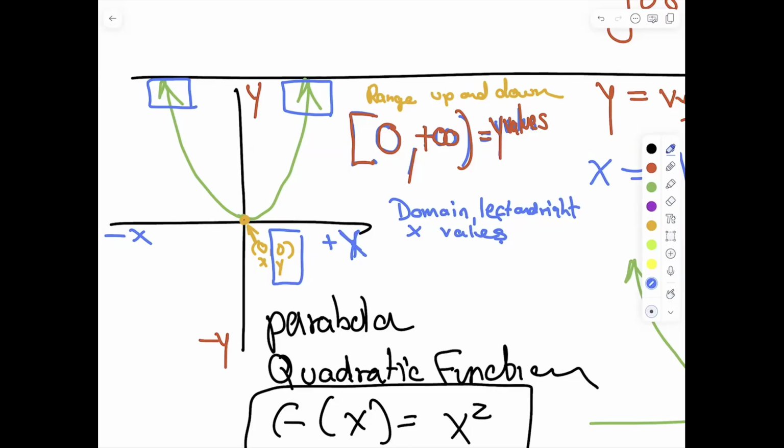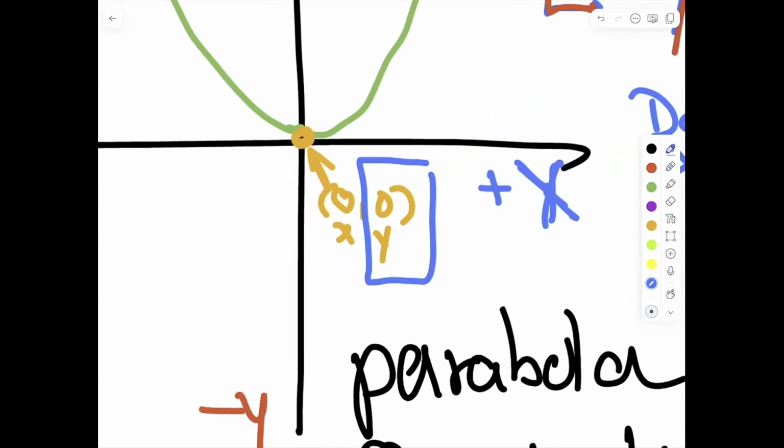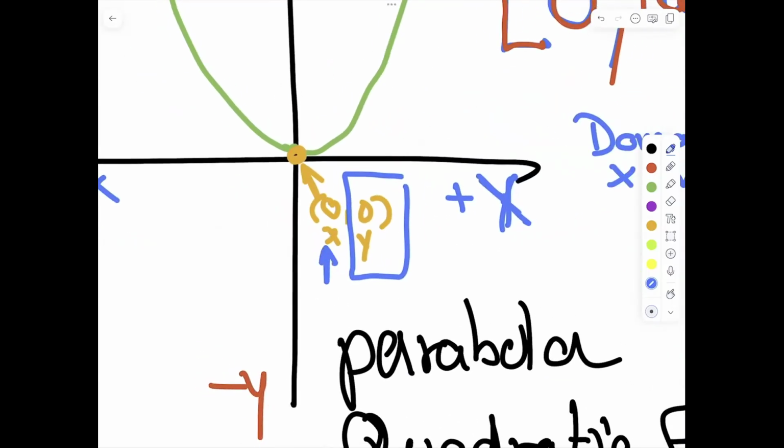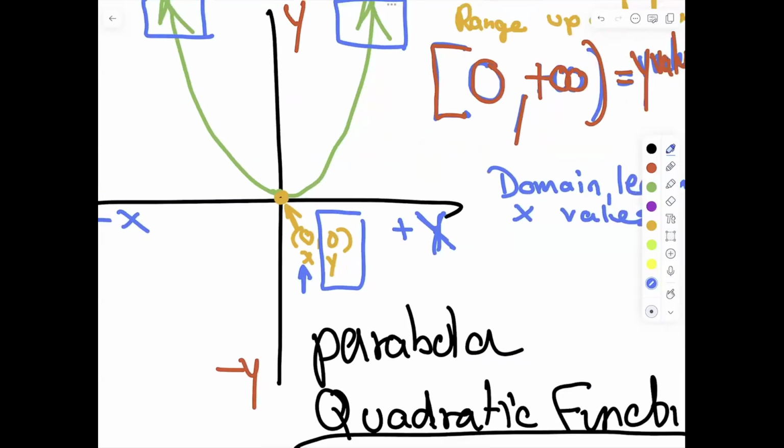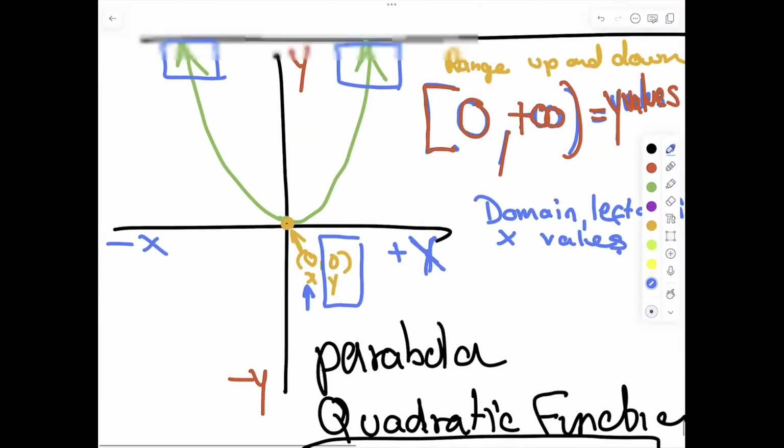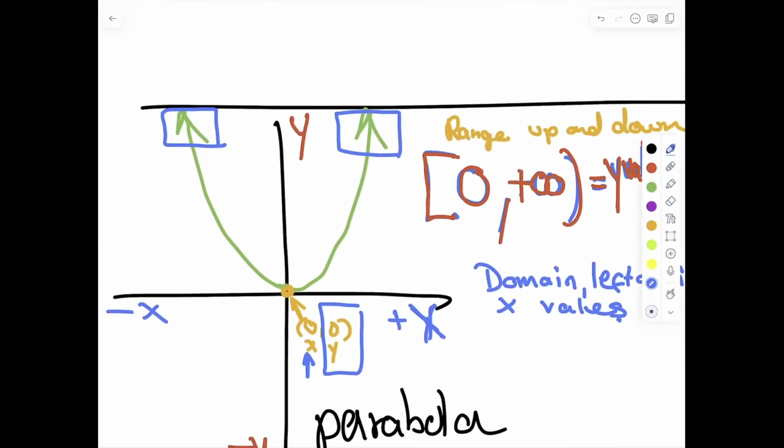What is the value of x at the origin? What is this value? 0. 0. It is included because it's solid. Now, we already spoke about up and down, right?